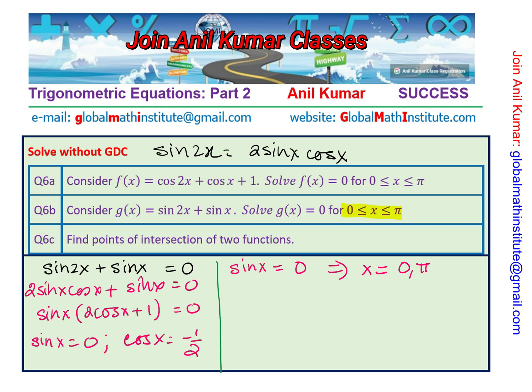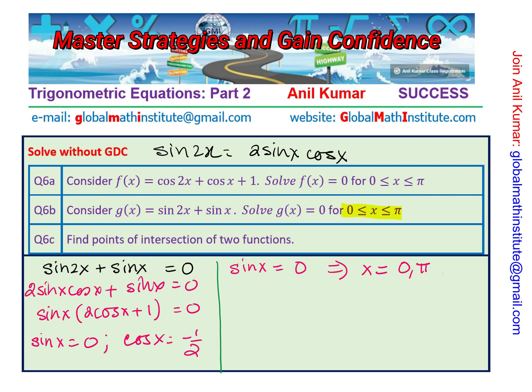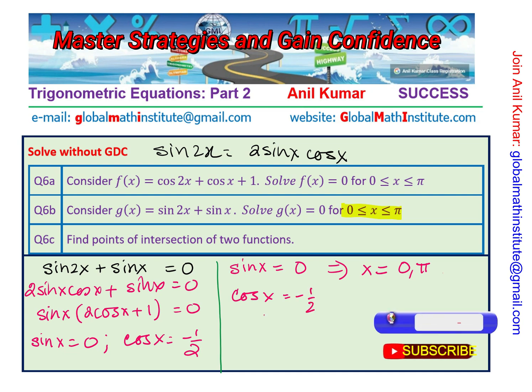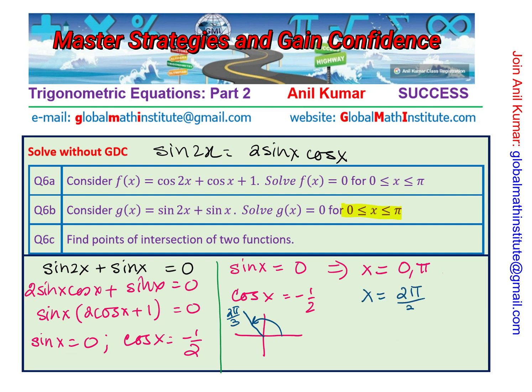For 0 and pi, sin x is 0. Now cos x equals minus half. We just worked out that it has to be in quadrant 2 and the angle being 2 pi by 3, correct? So we know this is x equals 2 pi by 3.